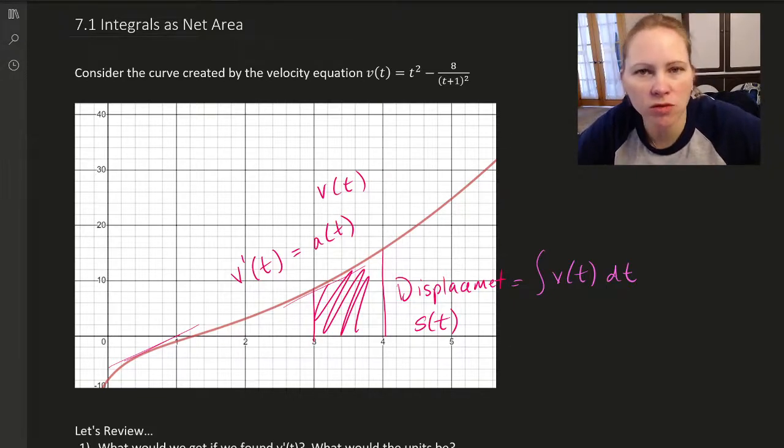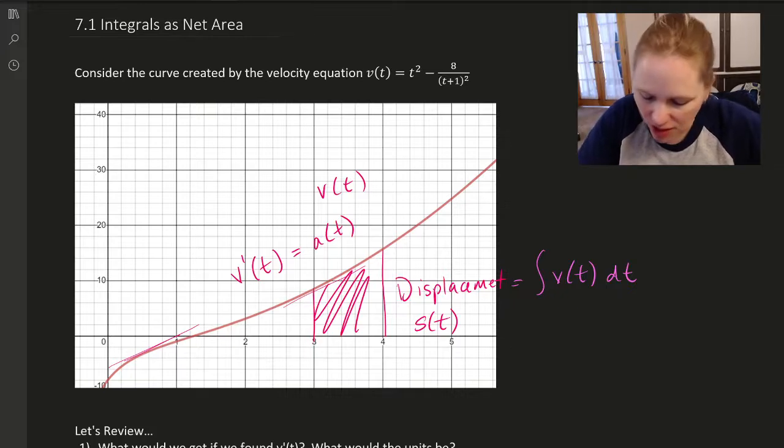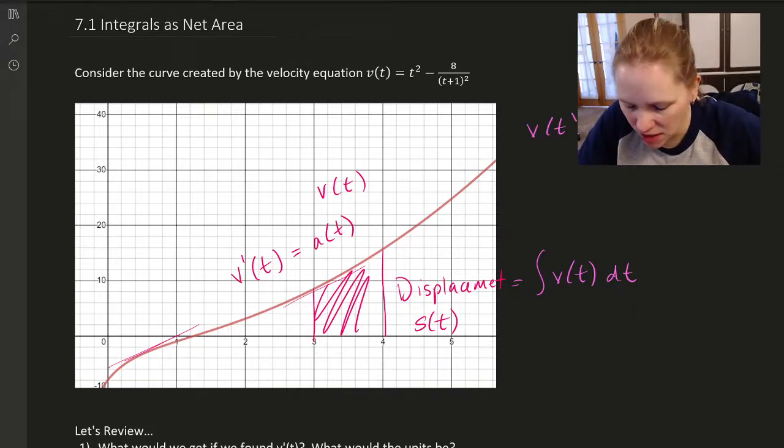So we have this relationship with velocity, and if we're given a curve, the first thing you always want to do is ask yourself, what kind of a curve is this? Is this a function? Is it a rate of change? Is it an acceleration? Is it velocity? Always wrap your brain around that. Anytime I'm given a velocity curve, I write down a couple of relationships.